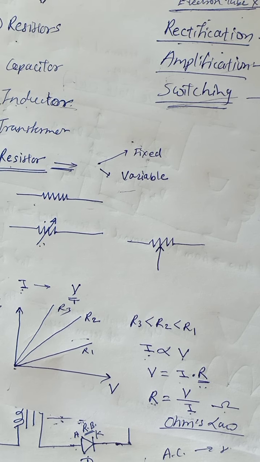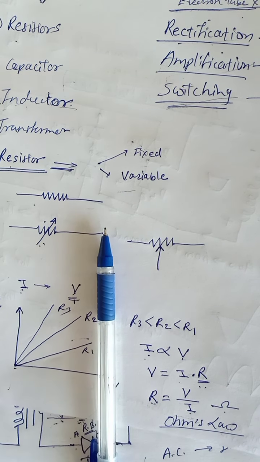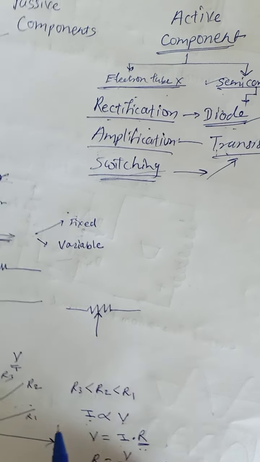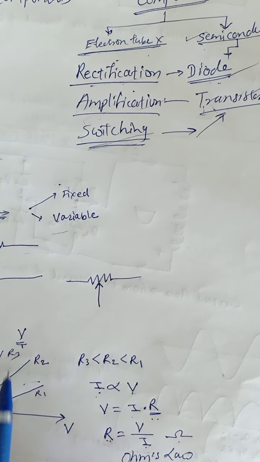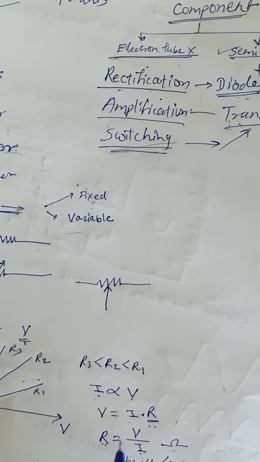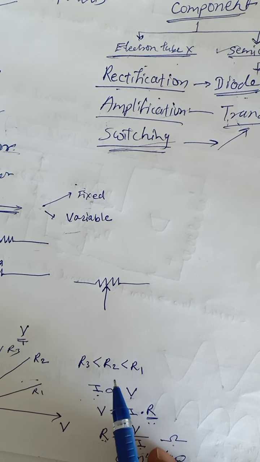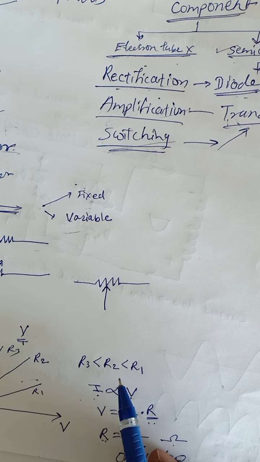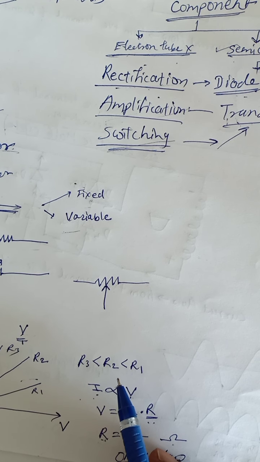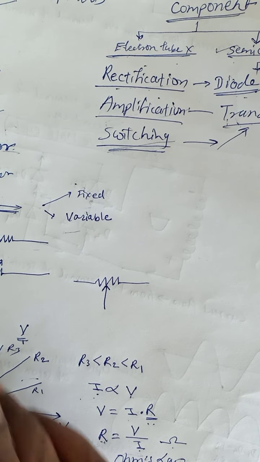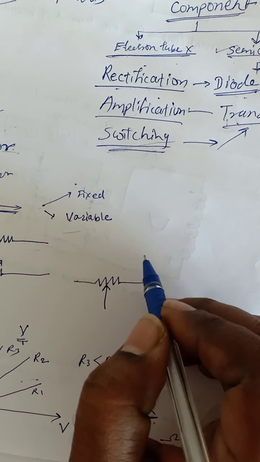Okay, so there are different types of fixed resistors, depending on which material is used in that resistor. Commonly the resistor is used to limit the current, to oppose the current.